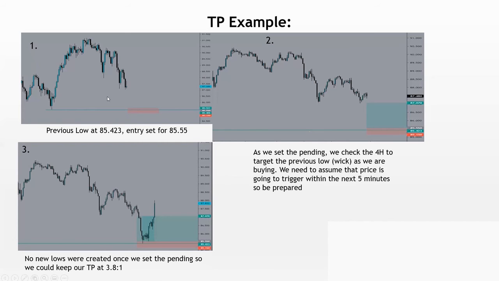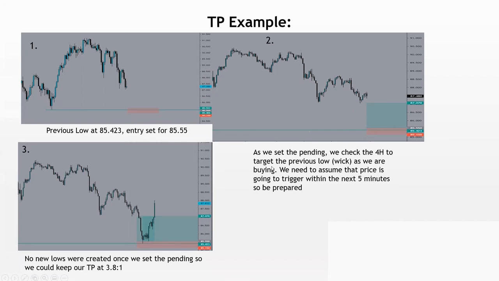Well, if the round number is at 50 and the wick is at 40, that means that the round number is first. So because the round number is first, we are just going to add 5 pips and enter at 85.55. So you can set that pending now and just say, right, where is the most recent 4-hour low?